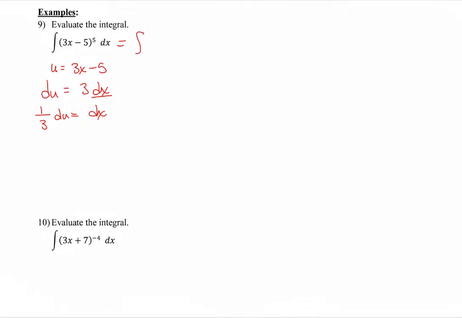Now we're going to do a substitution game. We have the integral of u to the 5th times 1/3 du. To make this easier, we move things around, because this is all multiplication. So this is the integral of 1/3 u to the 5th du.